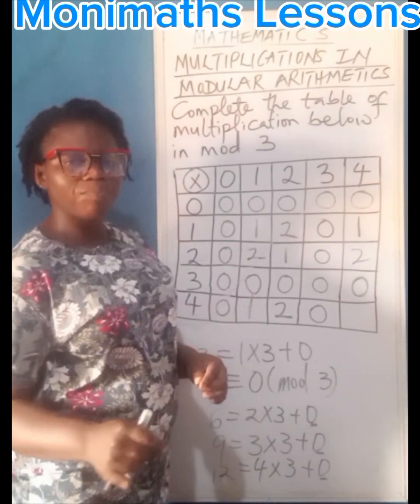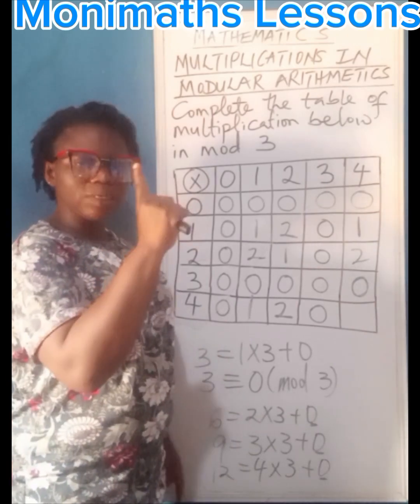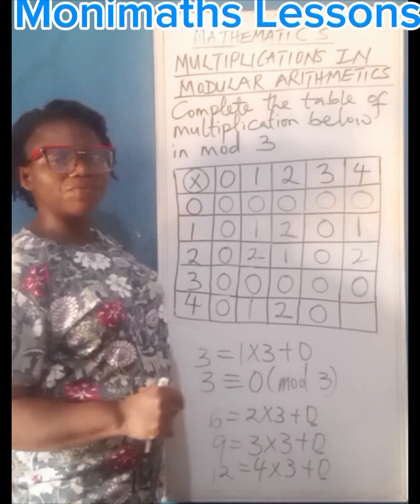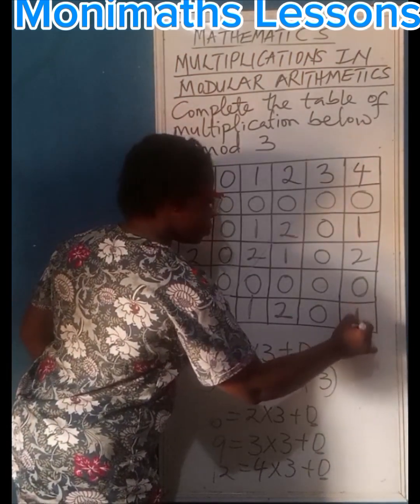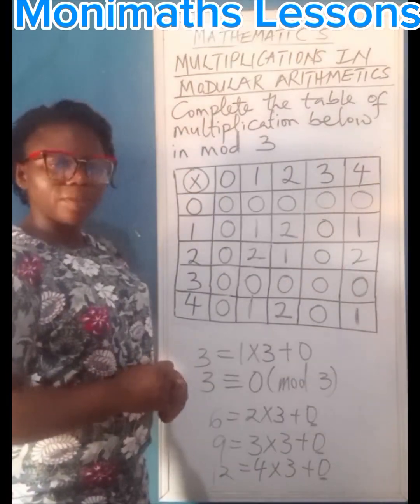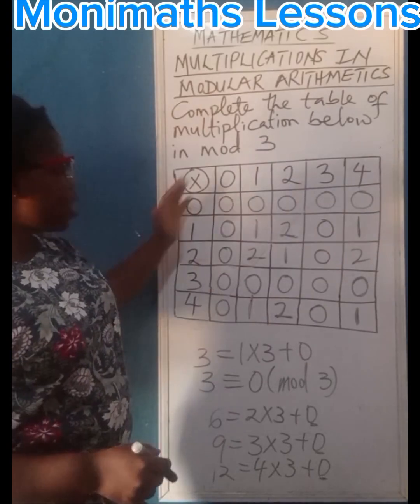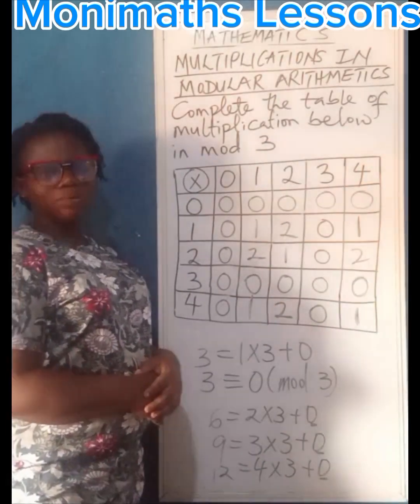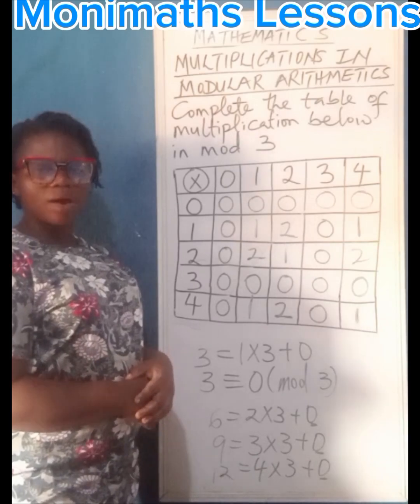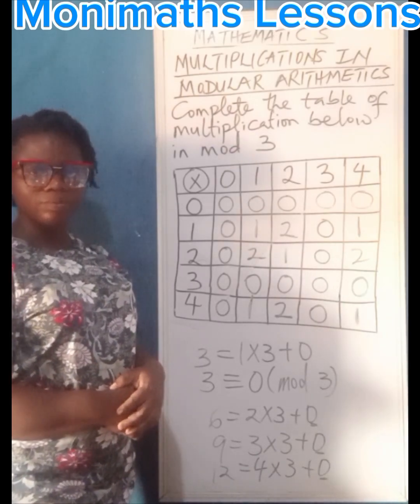So 1 is the equivalence of 16 in modulo 3. And with that, we have been able to completely fill this table of modular multiplication.